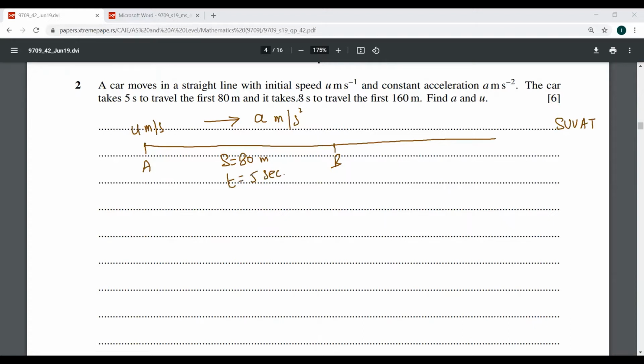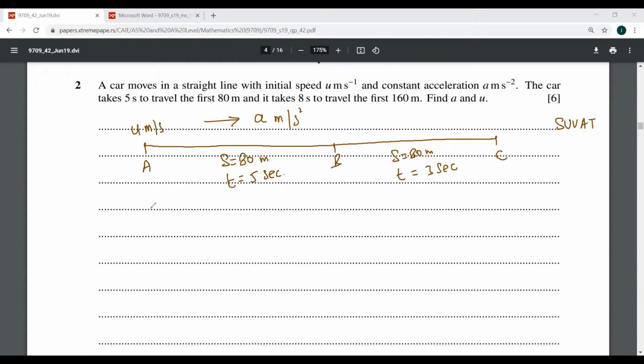And it says it takes 8 seconds to travel the first 160 meters. So let me have the point C over here. So this means BC is another 80 meters, and the time taken for this is going to be 3 seconds.